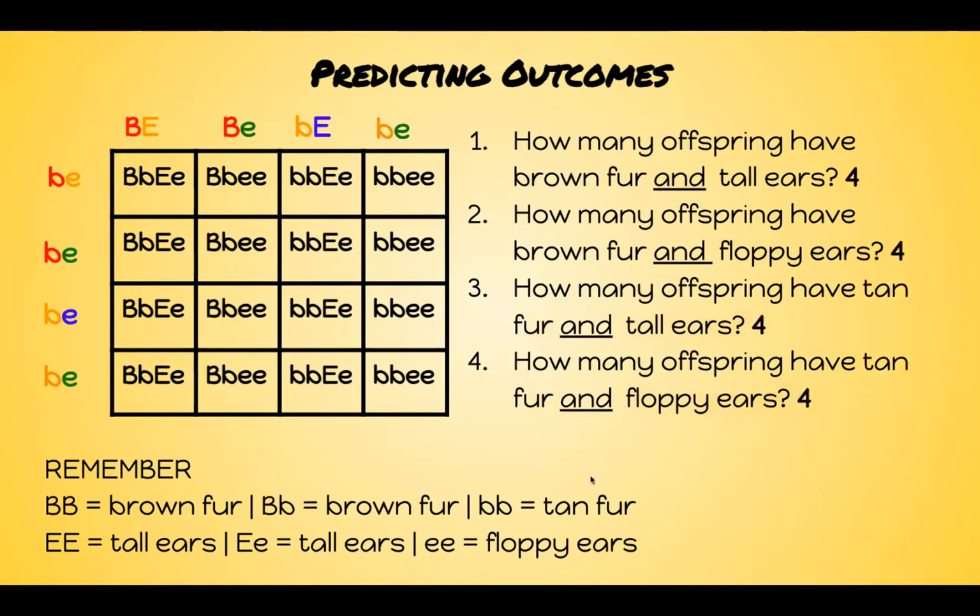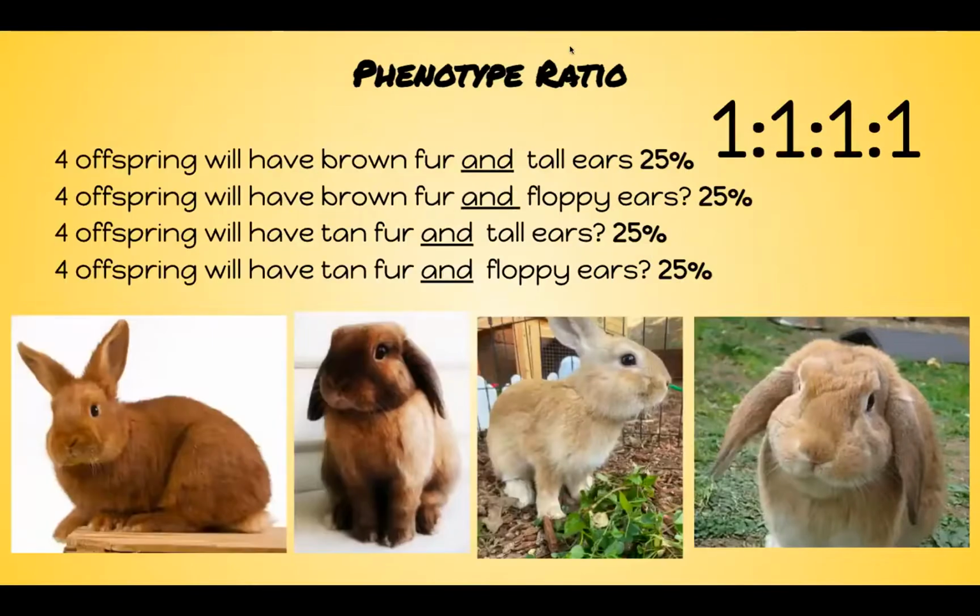There's 4 of each. Since there are 4 of each, out of the 16, 4 offspring would have brown fur and tall ears like this first bunny. That is 25%. Then 4 offspring would have brown fur and floppy ears. That's another 25%. Then 4 offspring would have tan fur and tall ears. That's 25%. And 4 offspring would have tan fur and floppy ears.